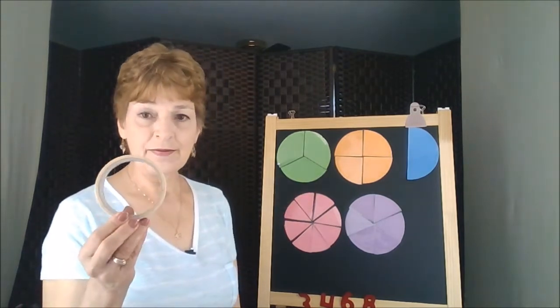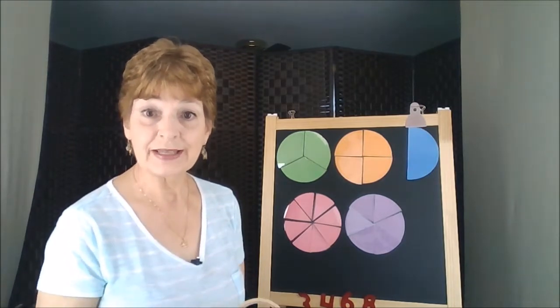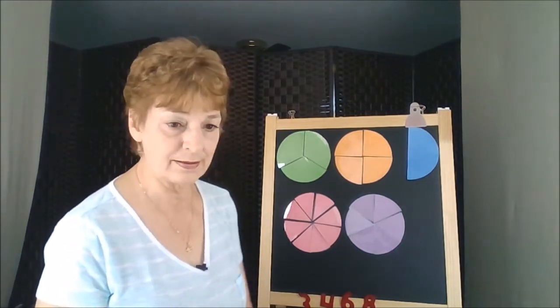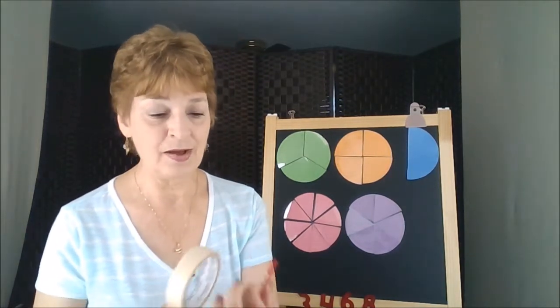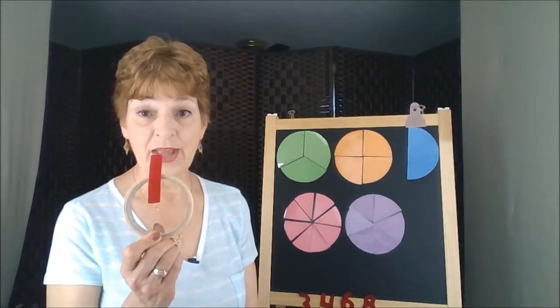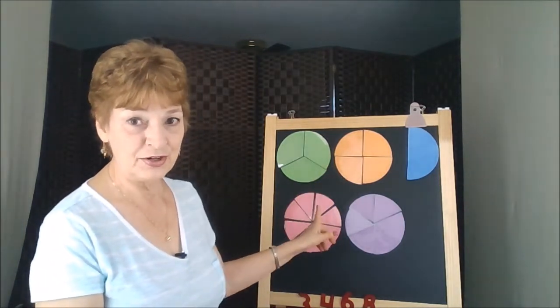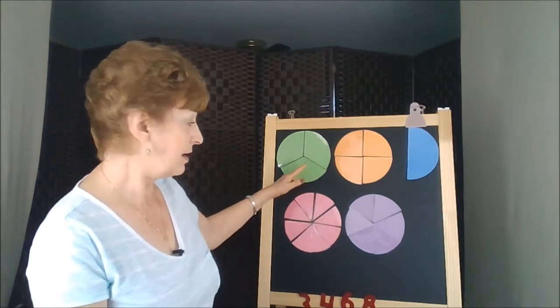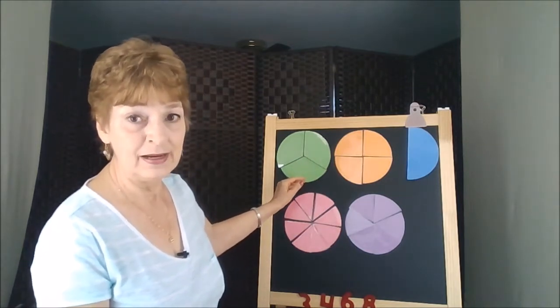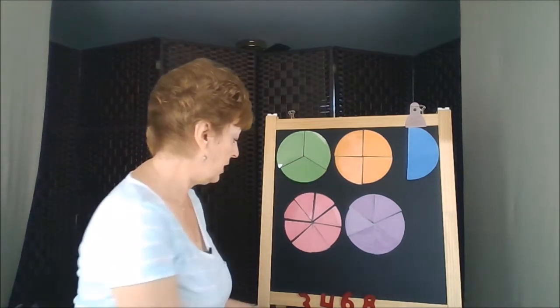If we were to have this circle, there are no cuts at all, just like your birthday cake before you blow out the candles. So we would call this whole, and we would give it the number 1. It has one big giant piece. But when you take your shape and start to make equal cuts in them, we're going to count the number of pieces that make the whole.